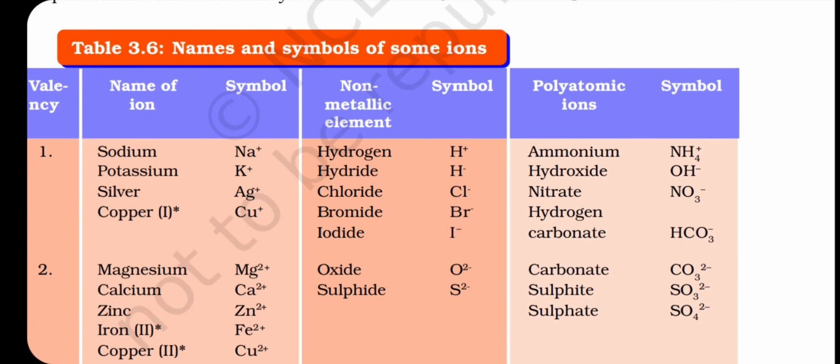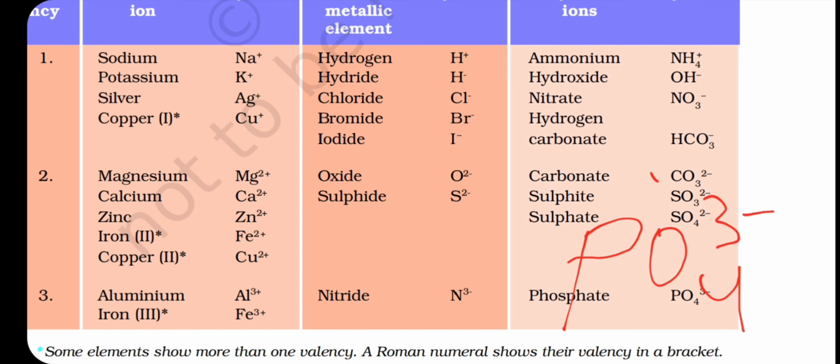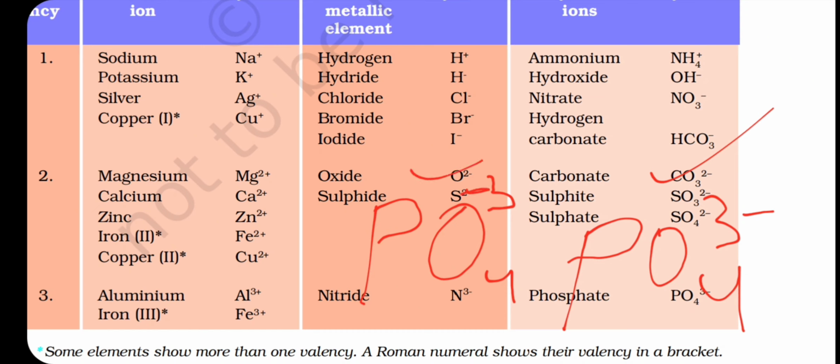So we have to keep in mind that some students, and some teachers also, teach that we can write the ions like this. Suppose we take the example of phosphate: PO4 3- is the correct way, but some teachers teach that we can write PO4 -3. This is not the correct way.